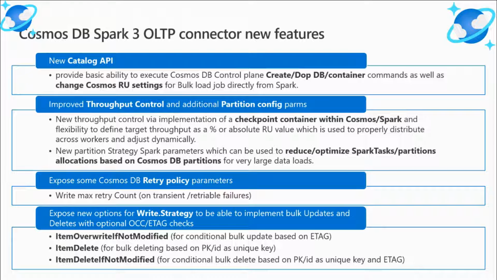And then the biggest change is probably within the connector itself: improved throughput control and additional partition configuration parameters. Throughput control is key for the ability to fine-tune the load, especially for delta loads, and manage the resource sharing within Cosmos between the ETL, which is usually a very resource-hungry operation, and the regular operation, to minimize retries and latency spikes.